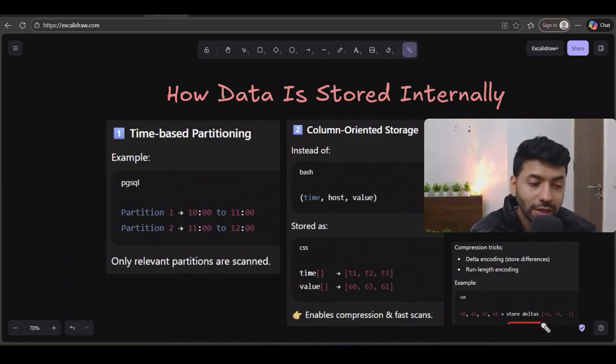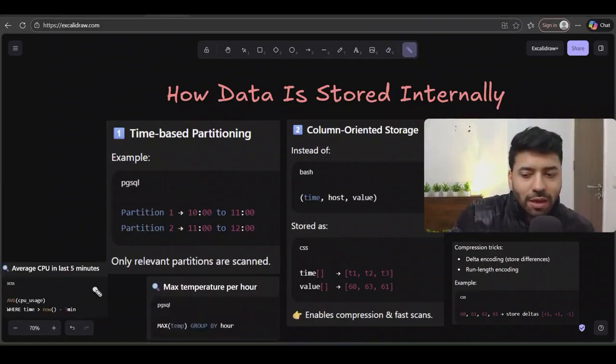So it will store the deltas plus 1 and minus 1, because this value is greater than the old value by 1. Again 62 is 1 more than 61. When we talk about 61, it is 1 less than previous value. So like this we are simply storing the deltas. Because we have compression in time series database, the storage is cheap.